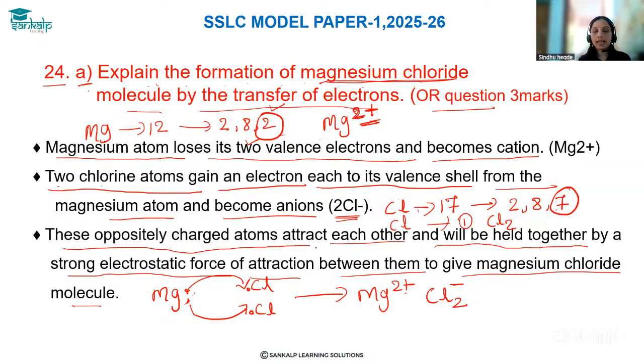They attract each other and form a strong bond between them. So finally it gives the MgCl2 molecule. This is the way magnesium chloride is formed by the transfer of electrons.